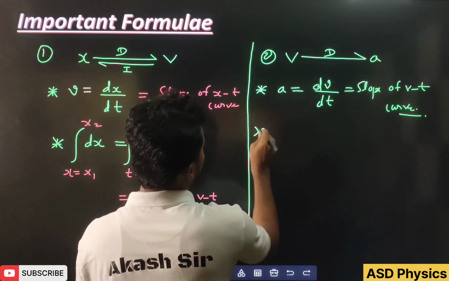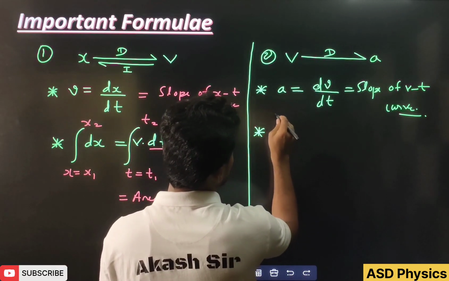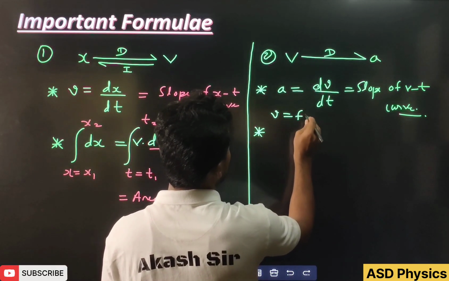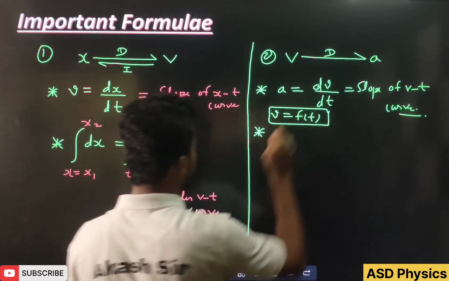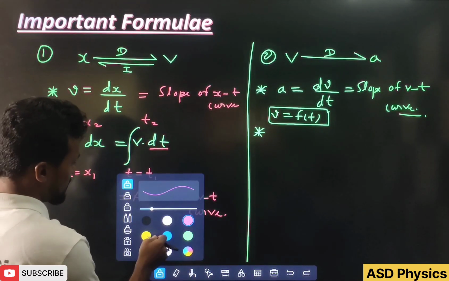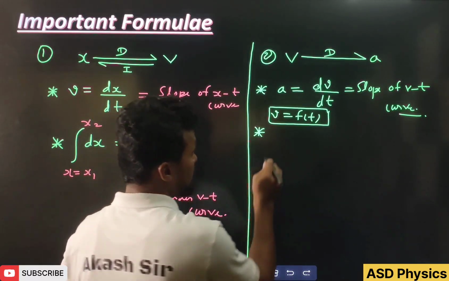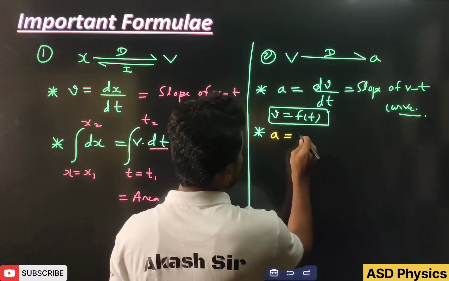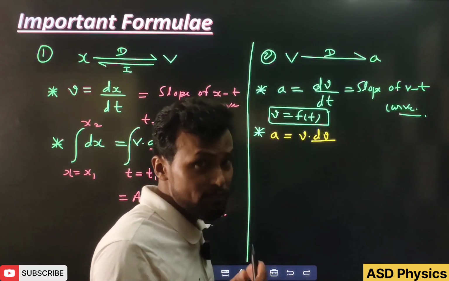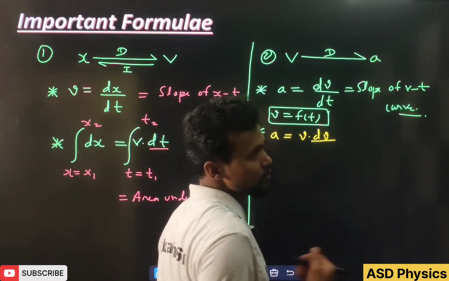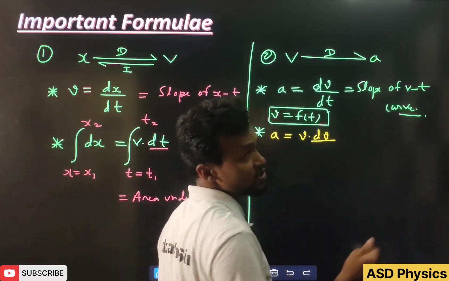Similarly, remember that in this situation velocity should be a function of time to apply this formula. The second one: acceleration is also given by a equal to v into dv by dx, dv by dy, dv by dz, depending upon in which direction the object is moving.